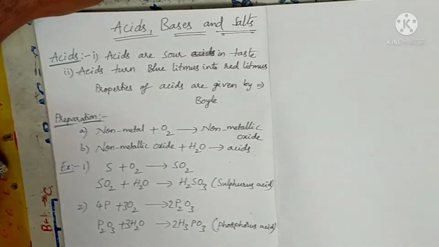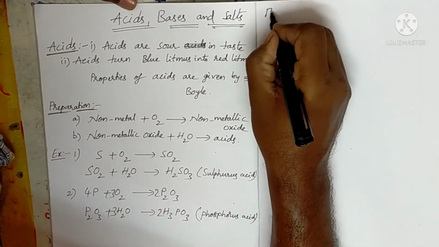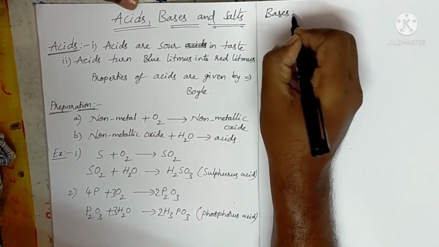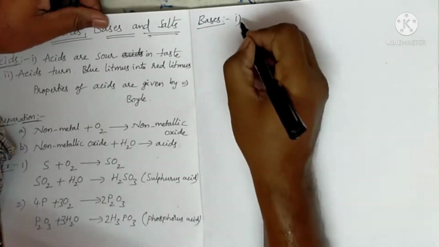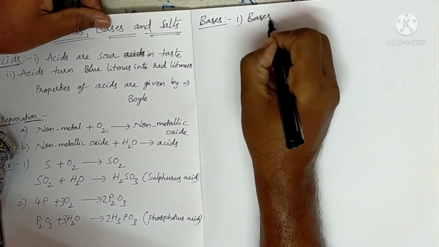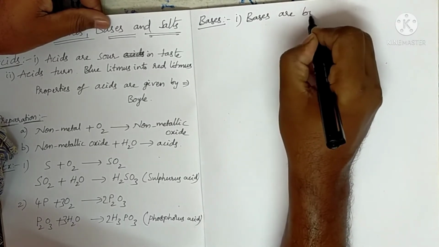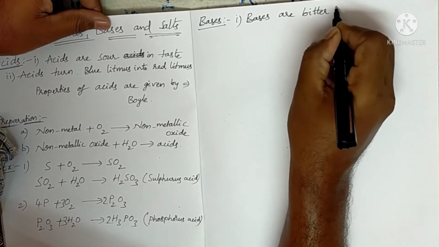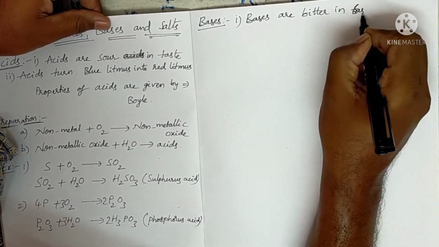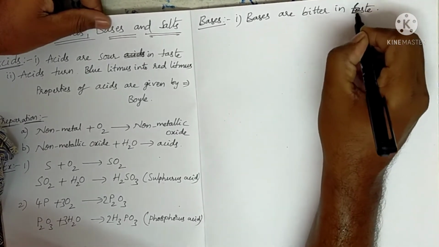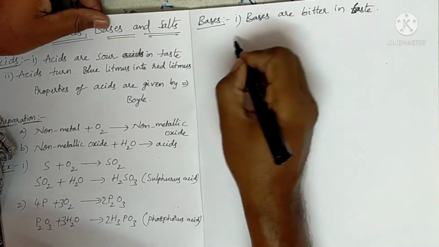Next, we have bases. First, bases are bitter in taste. Acids are sour in taste and bases are bitter in taste.